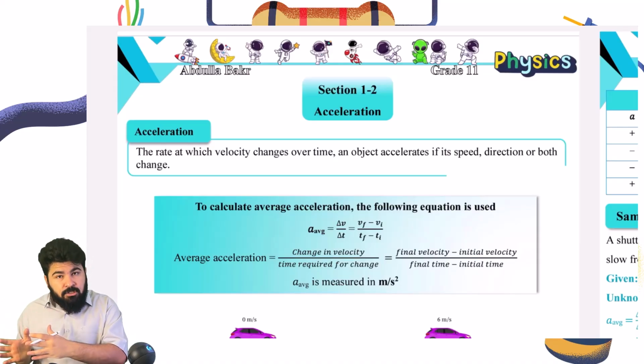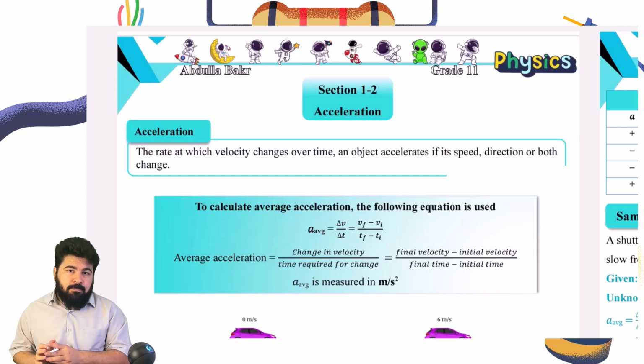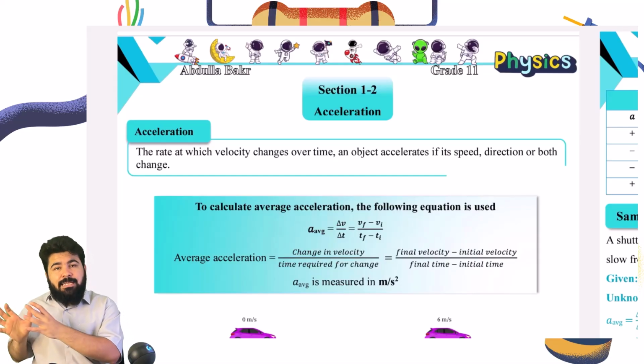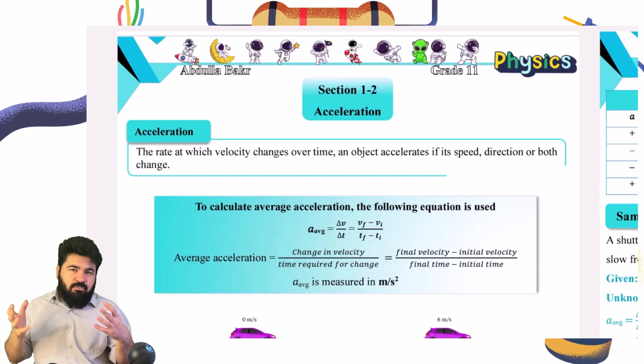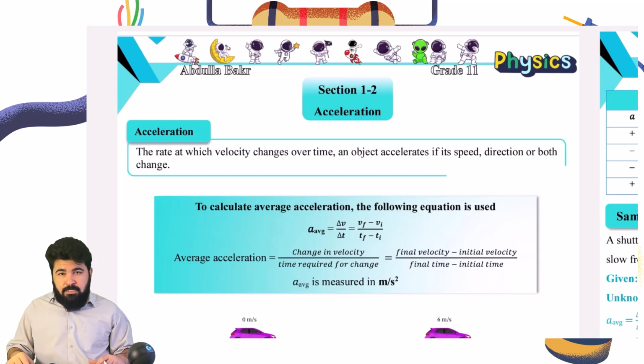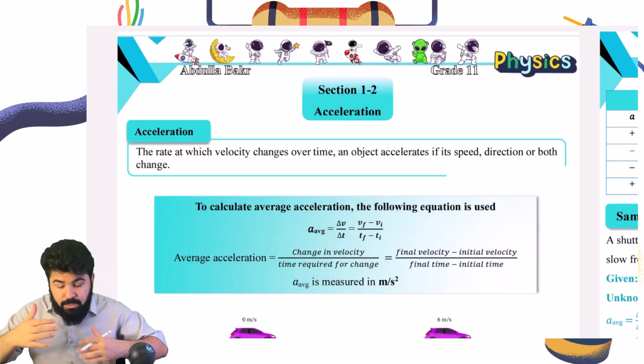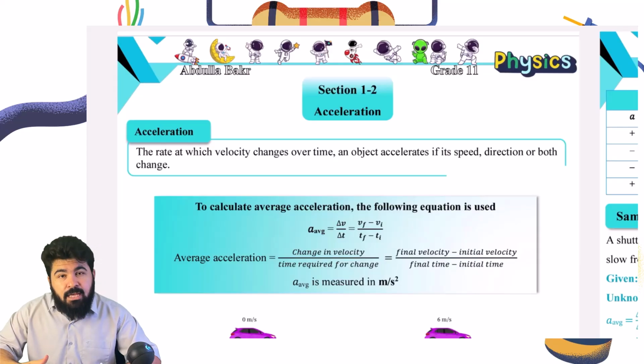For velocity to happen, the displacement of the object also should happen. So if the object does not change its position, we're going to have zero velocity. And then we talked about speed, a scalar quantity that only has magnitude. Now, in today's video, we'll be talking about acceleration.